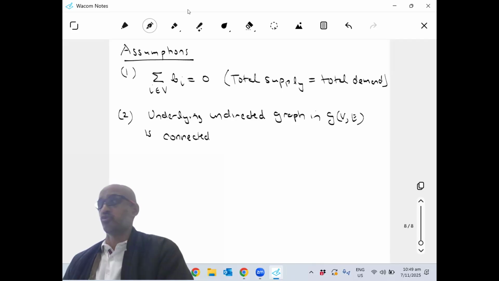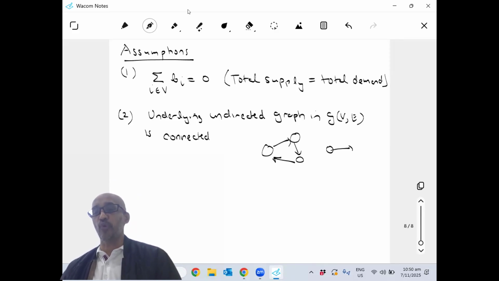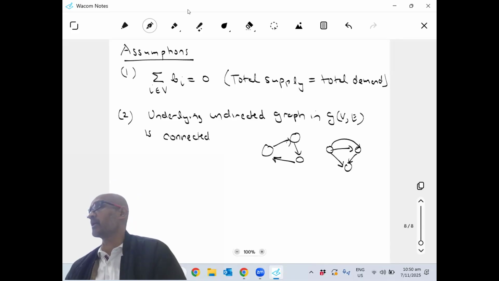So what this means is, this is not a particularly complicated thing, but imagine you've got a network flow problem like this. This is not connected, right? There is one part of the graph here and one part of the graph here. Then I would just solve the problem separately, because I cannot send flow from this part to this part.